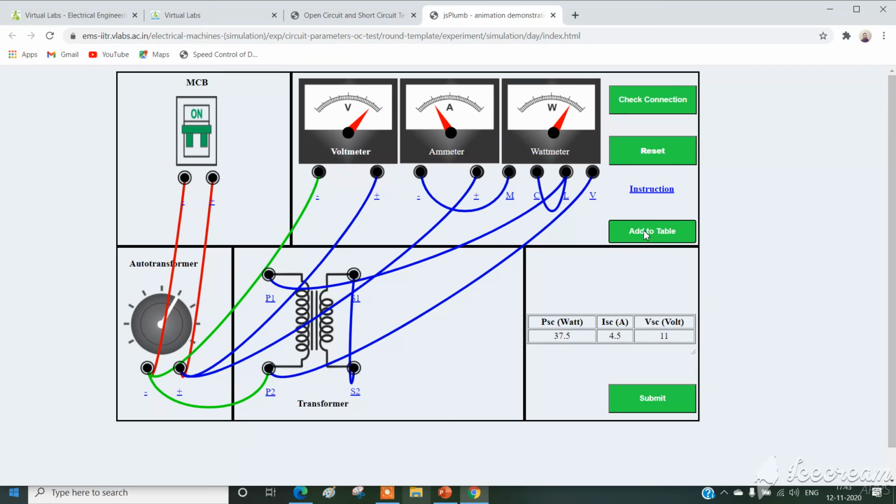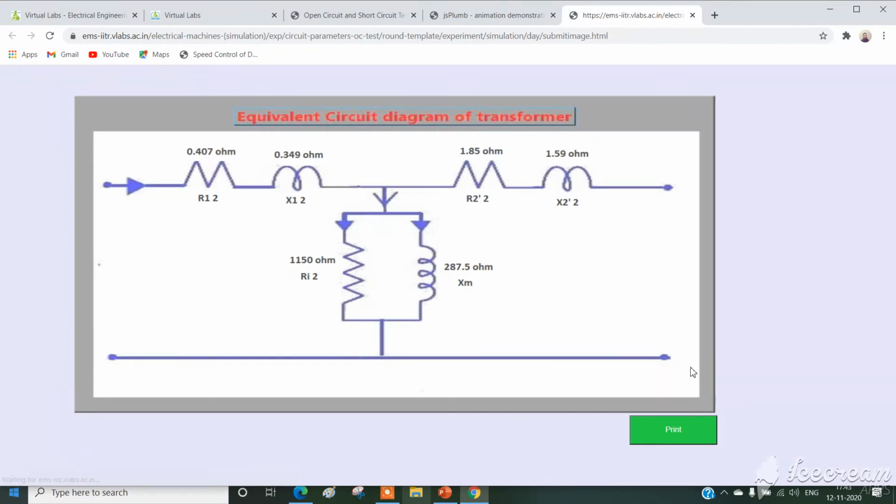Simply click on add to table. So we get PSC, the power at short circuit, the current at short circuit, and VSC, the voltage at short circuit. This is the reading corresponding to this. On clicking summation, we get the corresponding equivalent circuit parameters, that is R1, X1, R0, XM, R2 dash and X2 dash. So this is the final result.